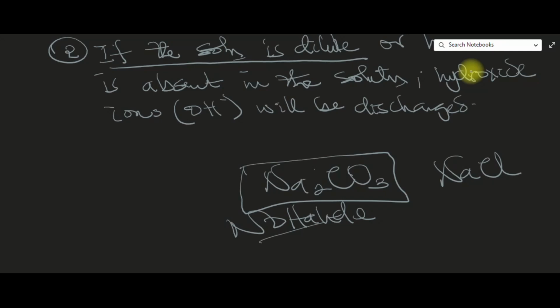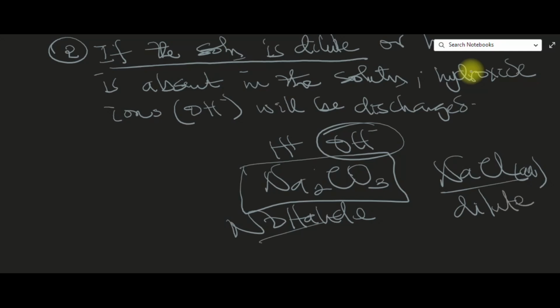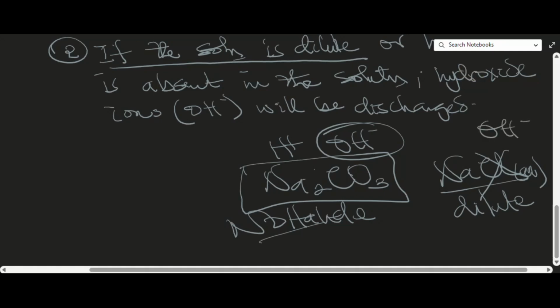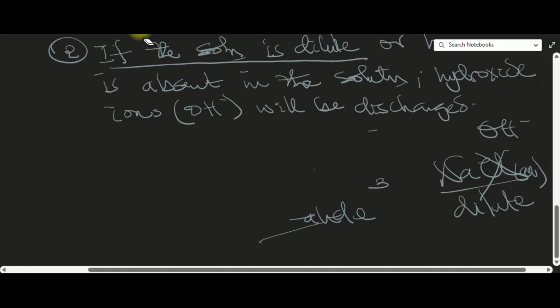That is OH minus from water. Remember, H plus and OH minus. Or if you have halide, for example you still have sodium chloride, but that solution is dilute, then the chloride will not be discharged. Rather, it is OH minus that will be discharged. So those are the two scenarios.